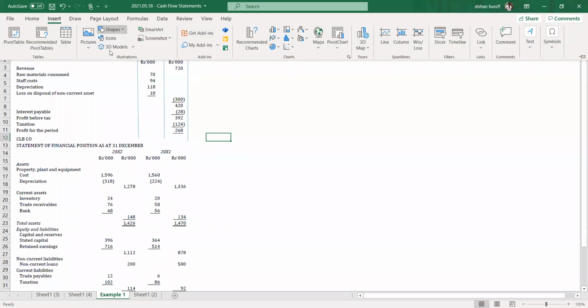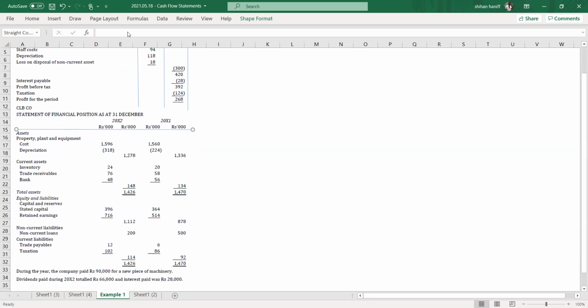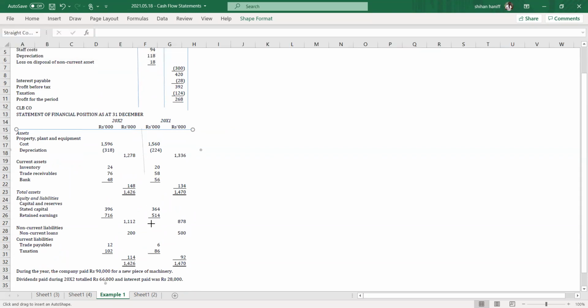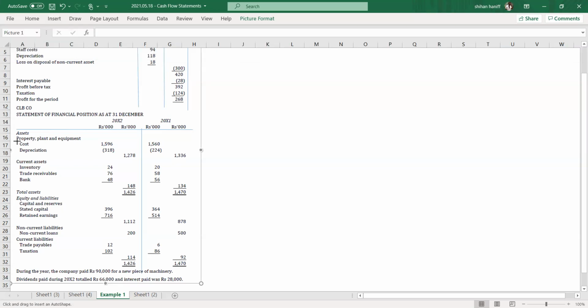Then we have the statement of financial position for 2 years. Statement of financial position is given for 2 years. Right? Year 2002 and 2001. There we have PPE, assets, property, plant and equipment. Right?